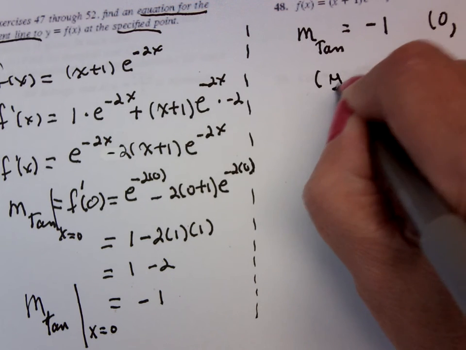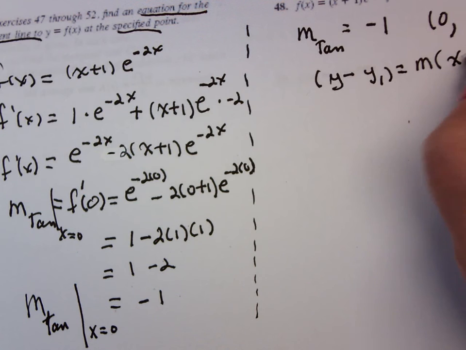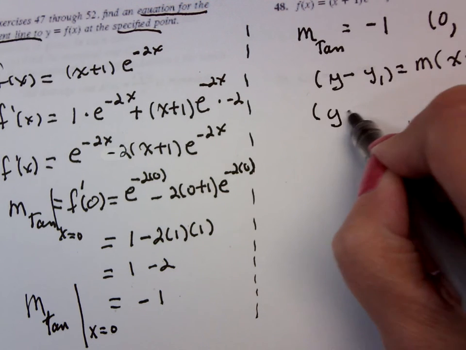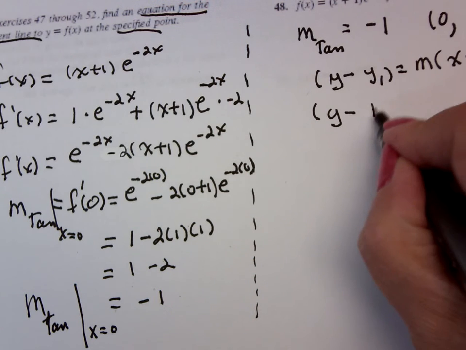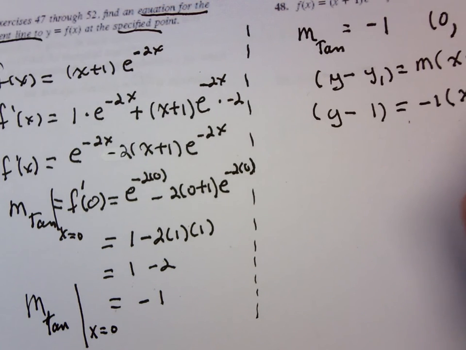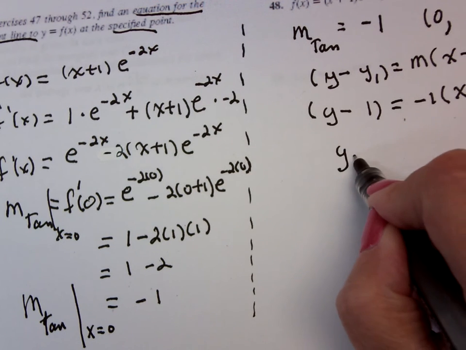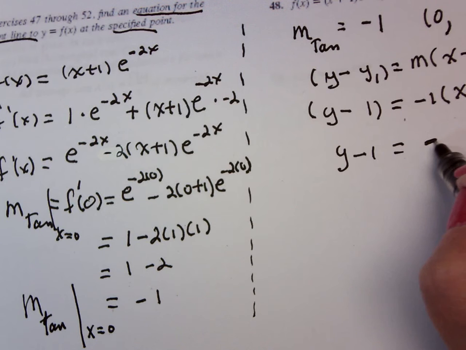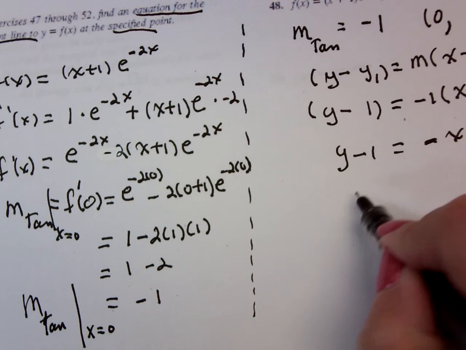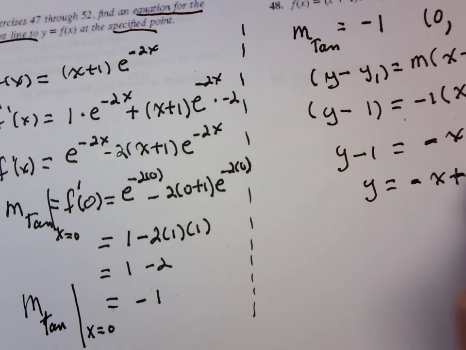So remember, y minus y1 is m times x minus x1, or y minus 1 equals negative 1 times x minus 0, or y minus 1 equals negative x, or y equals negative x plus 1.